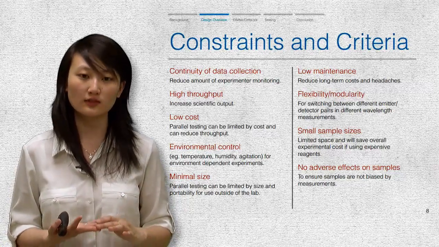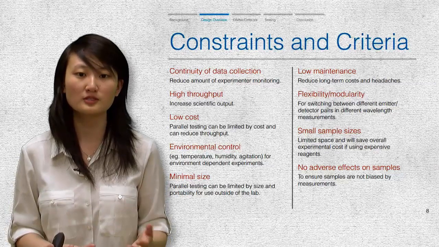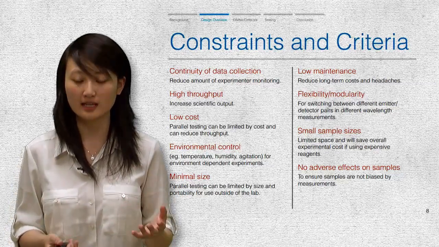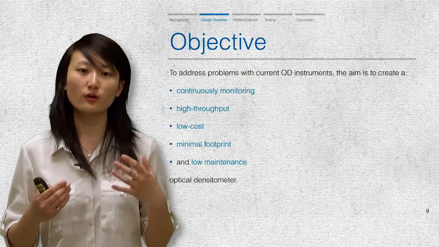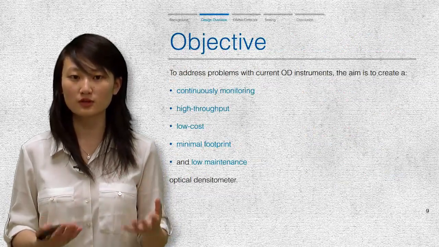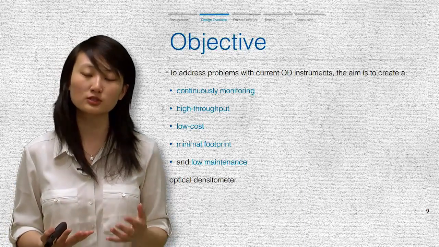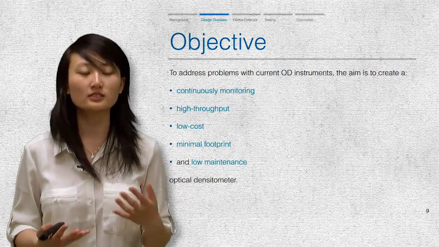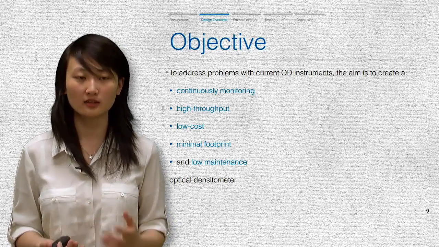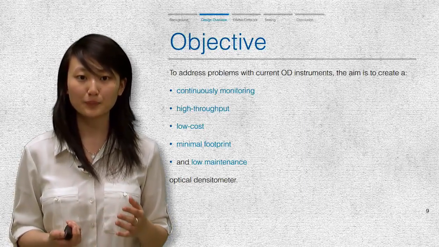We also want the device to measure using small sample sizes, with no adverse effect on the samples themselves. And so, as a result, our objective to address the problems with current standards of measurement is to create a device that is continuously monitoring, high throughput, low cost, minimal footprint, and low maintenance.